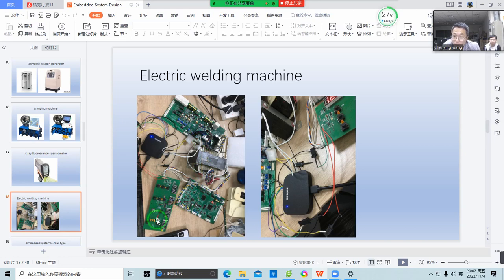These PCB boards were originally designed in Western countries. Later, a lot of Chinese companies also produced them. However, they don't know how the mechanism inside works, so they want to replace these PCB boards by themselves. They want to design them, so they asked me.